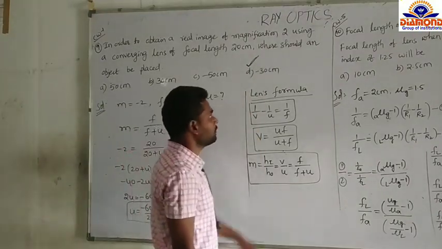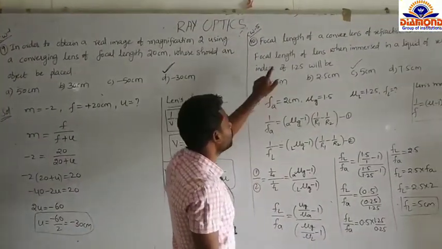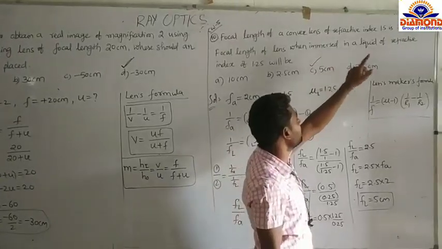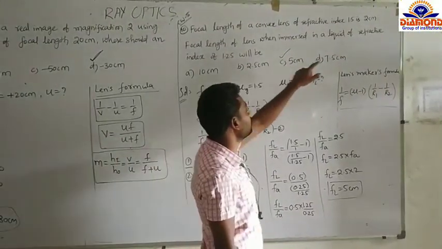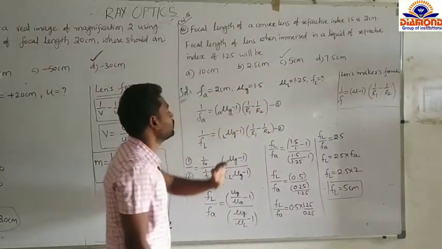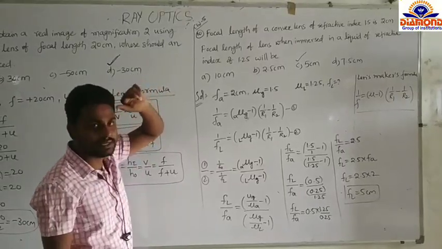Okay, the next question, the fifth question in your material class work. The question is: the focal length of a convex lens of refractive index 1.5 is 2 centimeters. What will be the focal length of the lens when immersed in a liquid of refractive index 1.25? If no medium is mentioned initially, we have to consider it to be air.